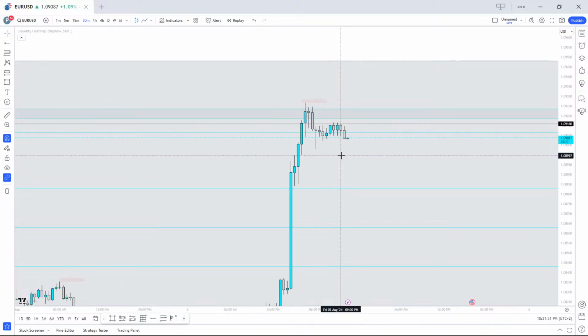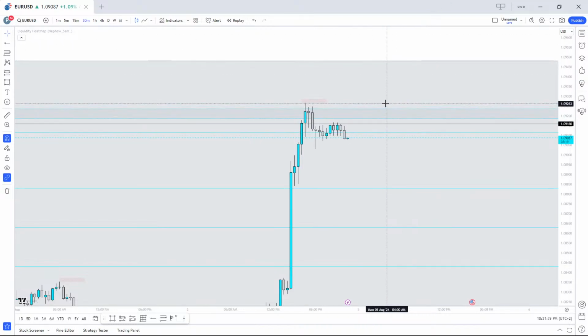Basically we would have to see this liquidity get swept, and after that a break of structure, and after that a retracement.